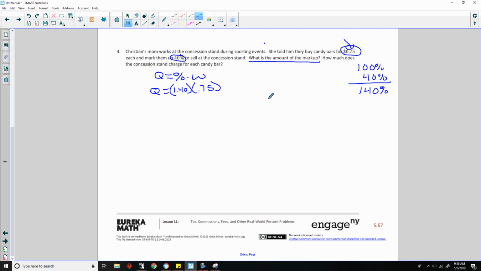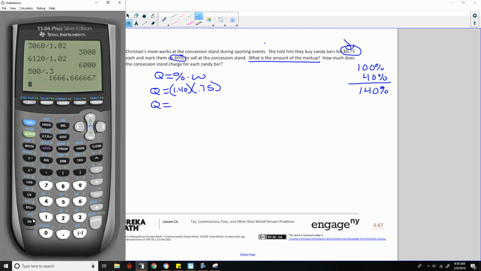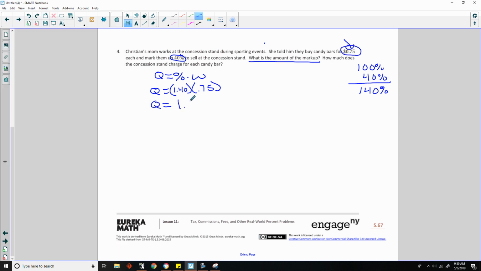Okay, so it's 100% plus the 40% times the 75 cents that they paid for the candy bars. So what will it be with a 40% markup? And so therefore I'm going to use my calculator and do 1.4, which is 140%, times the 75 cents they paid for the candy bars, and they're going to sell them for $1.05.